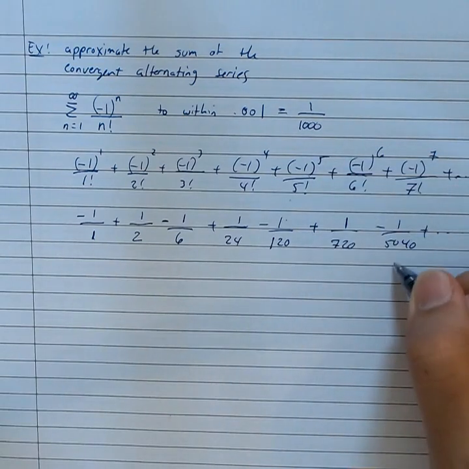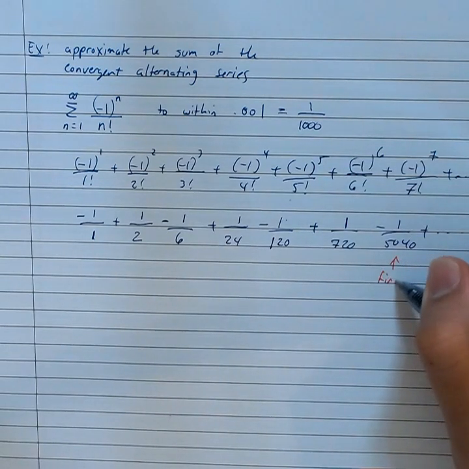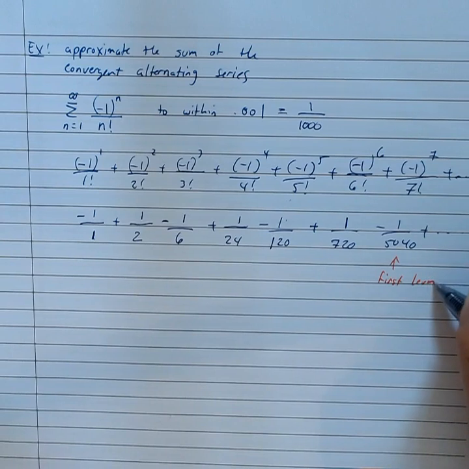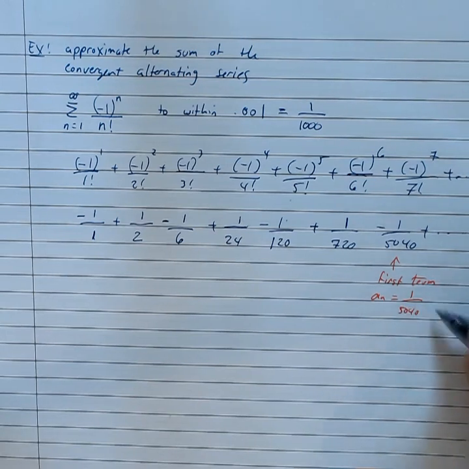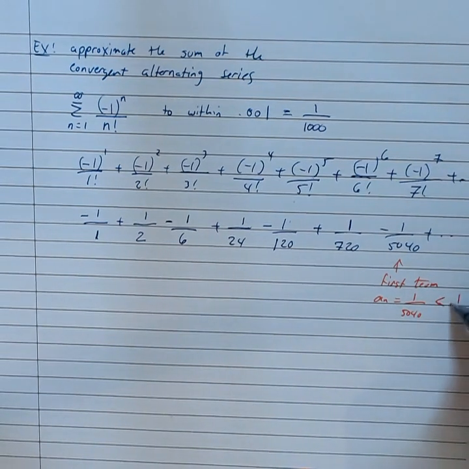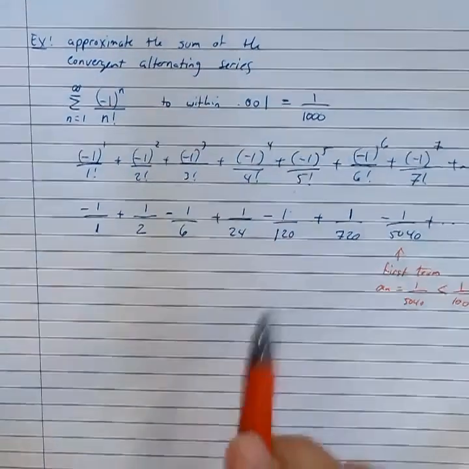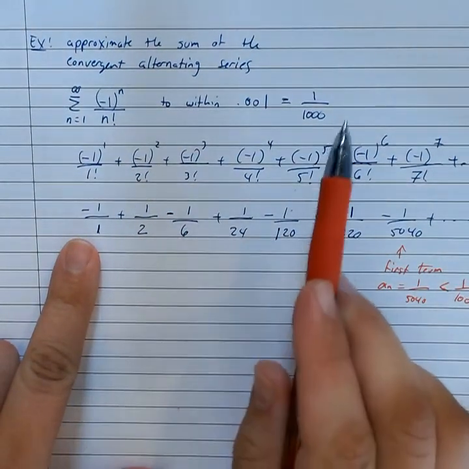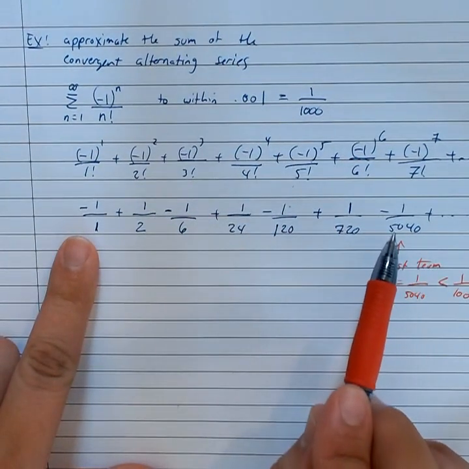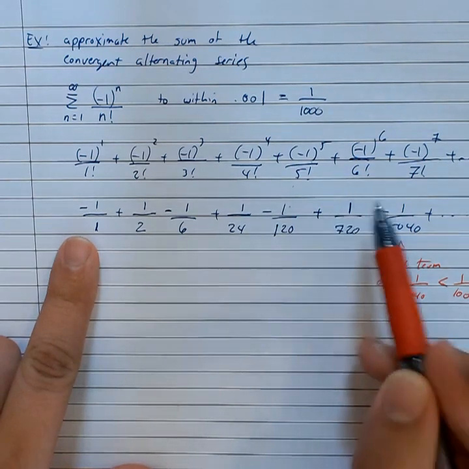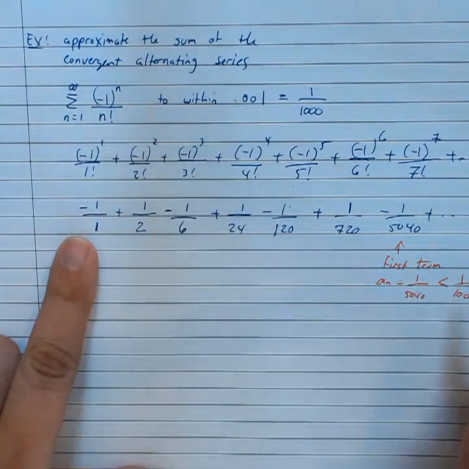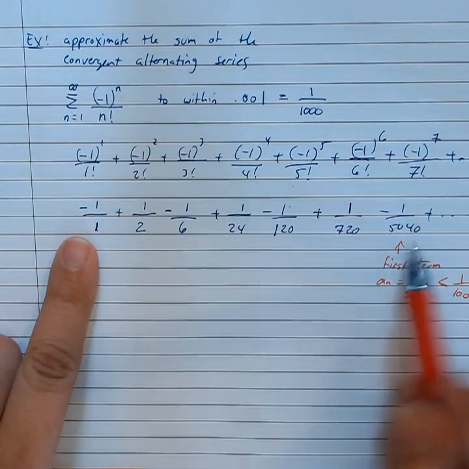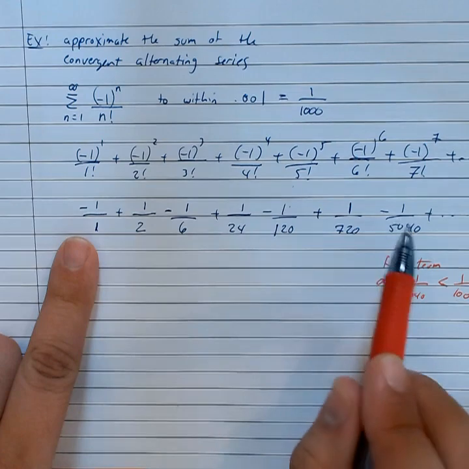So this is the first a sub n, which is equal to 1 over 5040, which is less than the error we wanted. All of these others are much bigger than the error we wanted. This is the first a sub n that is less than it. Remember, a sub n doesn't count the sign, it only counts the number. So here we're just looking at the 1 over 5040, not the negative part.